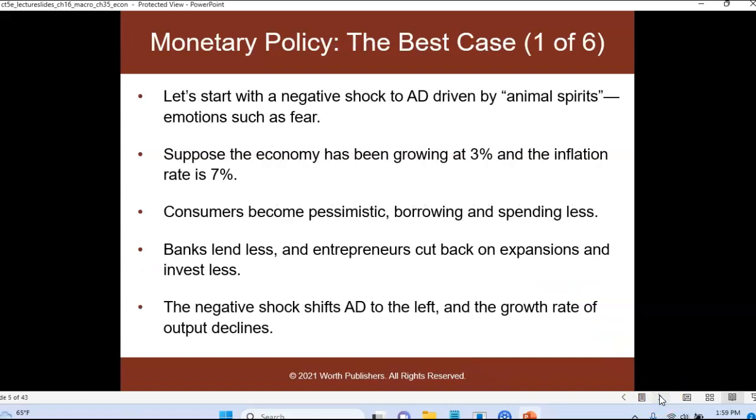If we look at monetary policy, we can start with the negative shock to aggregate demand driven by some animal spirits. You'll notice that looking at these animal spirits will be very helpful. The economy is going to have to grow at certain rates.